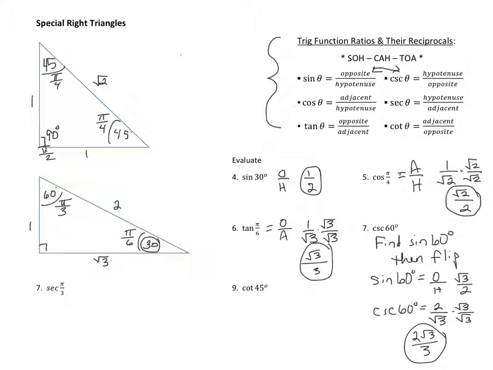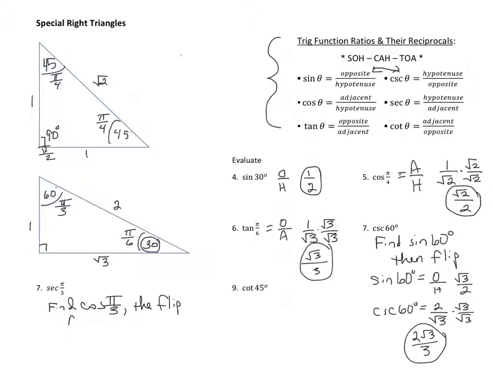Okay, let's move over to the far left side, number 7, the secant of pi over 3. So just like the last one, let's find its reciprocal first. So secant and cosine go together, so let's first find cosine, and then we can flip. So let's find cosine of pi over 3, right? Then flip. All right, cosine of pi over 3.